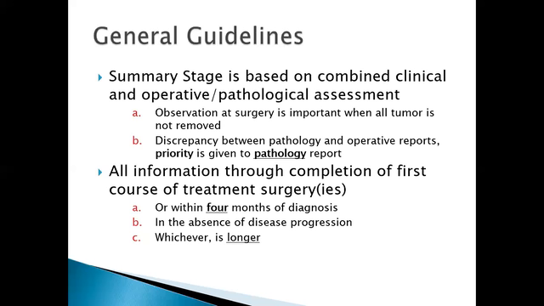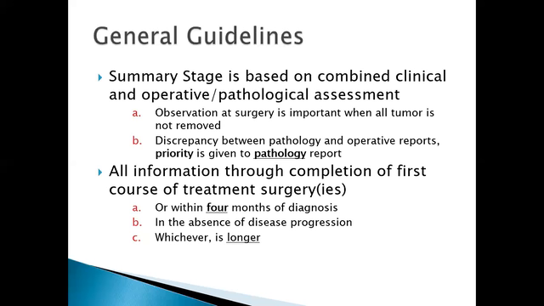Summary stage should include all information available through completion of surgery or surgeries in the first course of treatment, or within 4 months of diagnosis in the absence of disease progression, whichever is longer. So if the patient has workup, let's use colon.